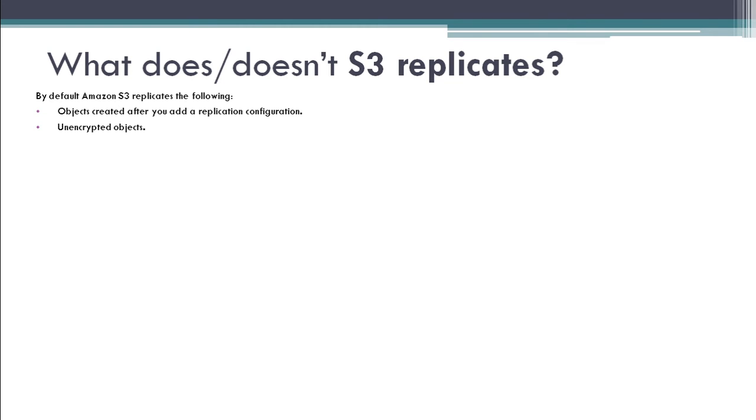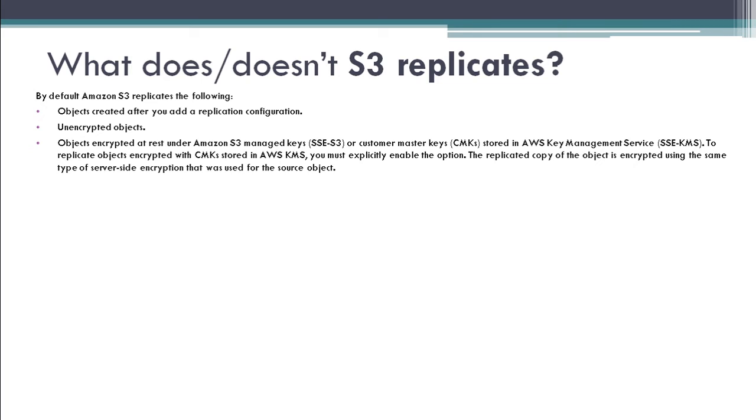Unencrypted objects, and objects encrypted at rest under Amazon S3 SSE-S3 or customer master keys stored in AWS KMS. To replicate objects encrypted with customer master keys stored in AWS KMS, you must explicitly enable the option. The replicated copy of the object is encrypted using the same type of server-side encryption that was used for the source object.